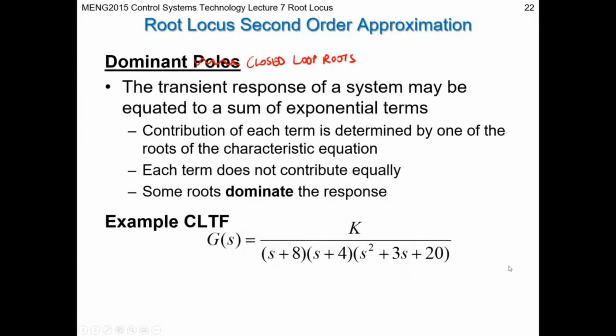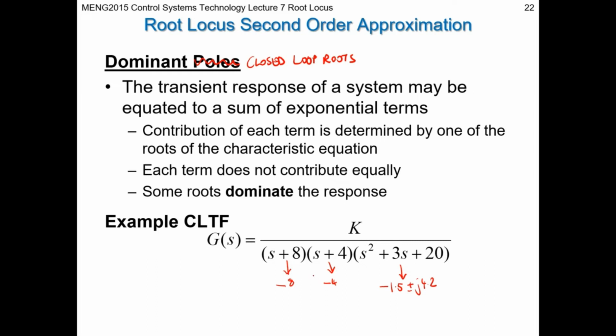So if we have this closed loop transfer function here, the closed loop roots of this are going to be minus 8, minus 4, and minus 1.5 plus or minus 4.2j. We have a fourth order function, so we've got 4 closed loop roots.